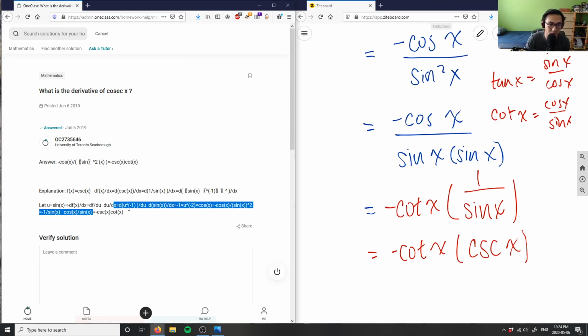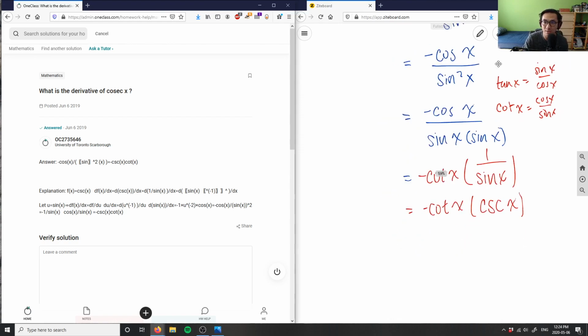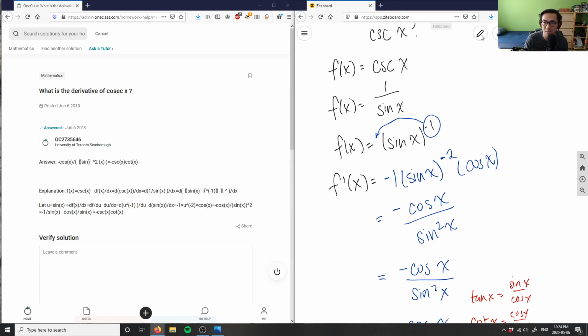And as you can see, we got the correct answer as well. They did negative cosecant x times cotangent x, same thing. This is also the correct solution. What they did in their explanation is actually a u substitution. That's something they could do as well, but I didn't do that personally. They said let u equal sine x, and you take the derivative with respect to u.